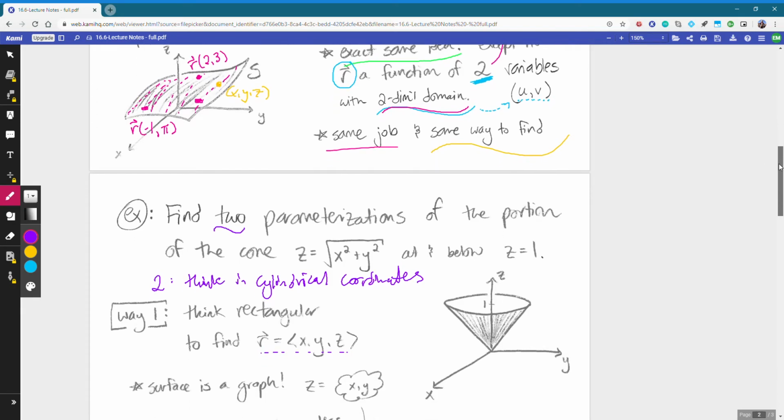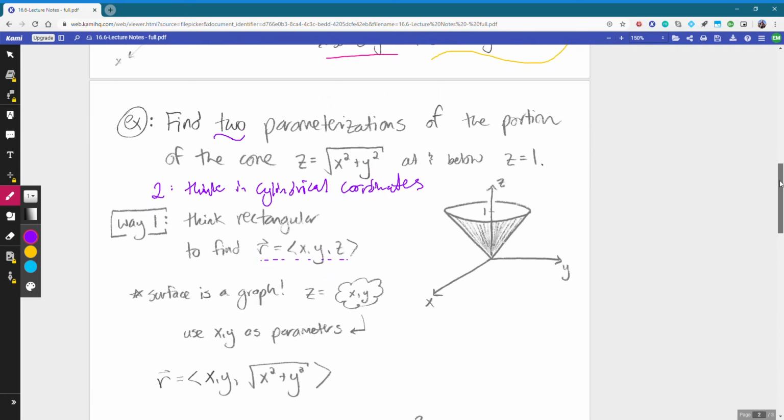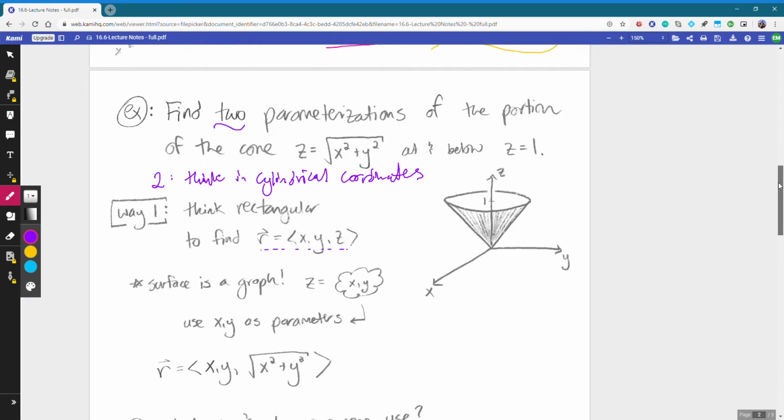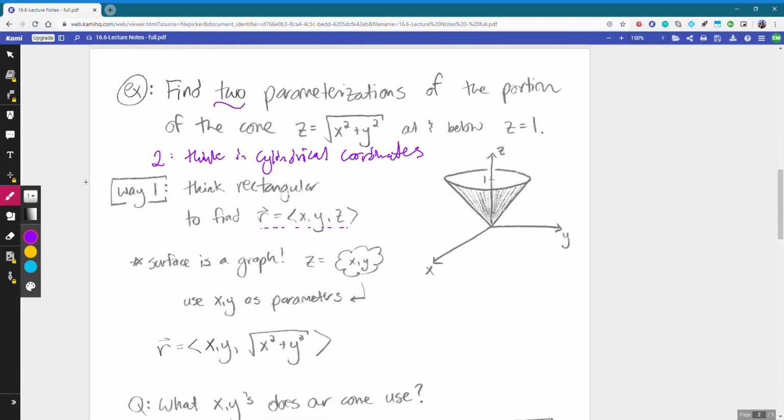Okay, so thinking in terms of rectangular, the observation here is that, hey, our surface is actually a graph. This is given as a graph of a function of x and y. Our equation is z equals something in terms of x and y. And so what this is telling us is that we can actually use these variables of the function, x and y, as our parameters.